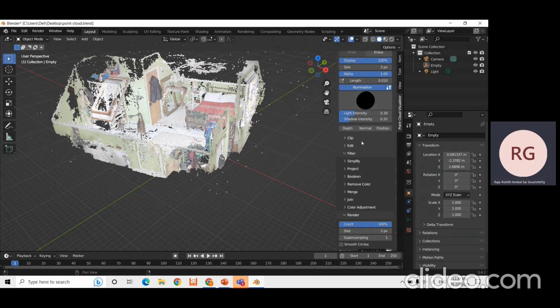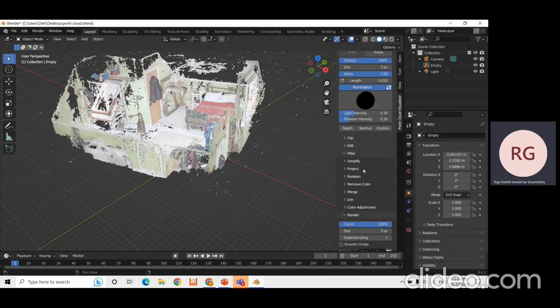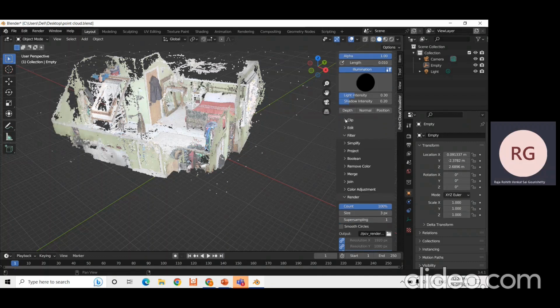We can make different changes to it by using the depth filter, and we can use the clip, which can be used to take only a certain part of the whole 3D visualization, so that we can easily manipulate it if there are any changes, and we can edit it in the edit mode.